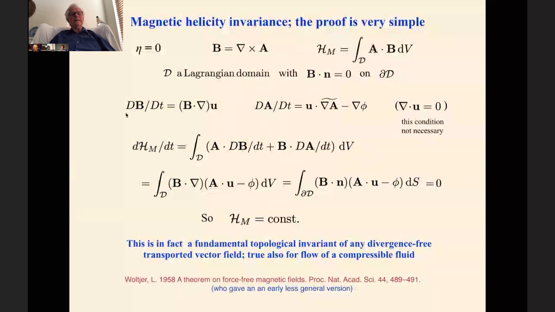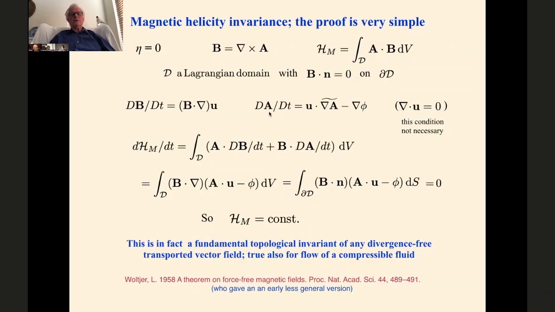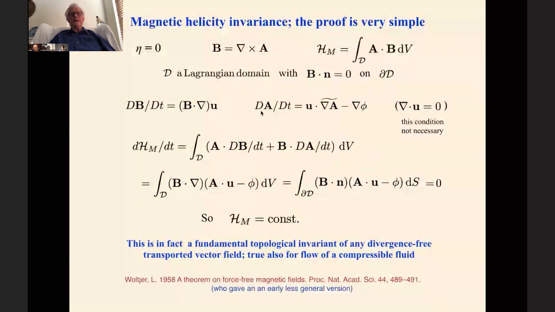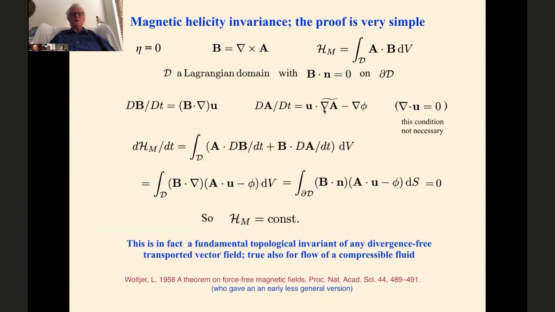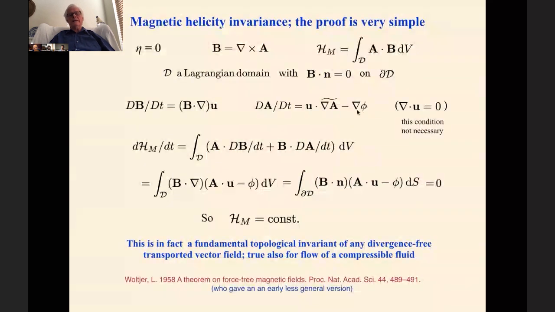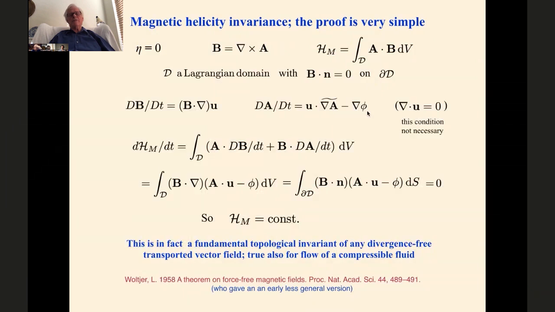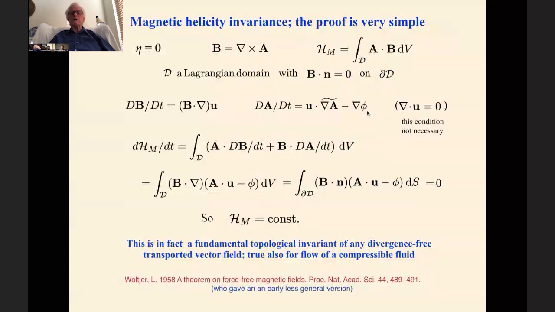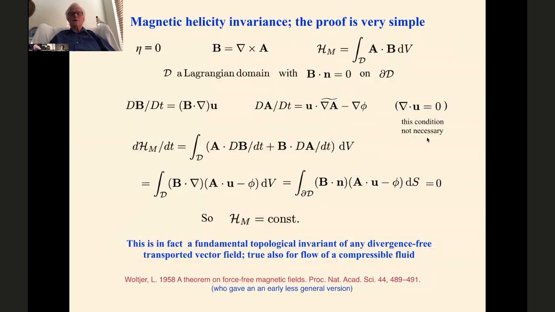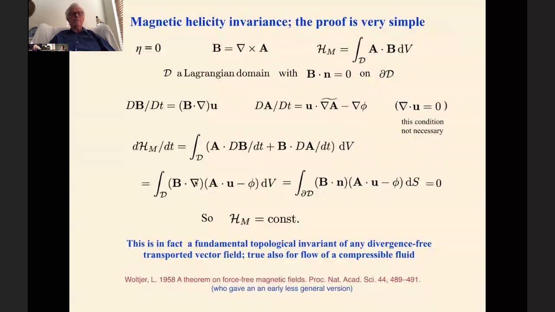Capital D by dt is the Lagrangian or material derivative, and the corresponding equation for the vector potential is written here, where this is the transpose of grad A, and phi is an arbitrary gauge for the magnetic vector potential. Again, div u is 0, although in fact this condition is not necessary for this type of proof.